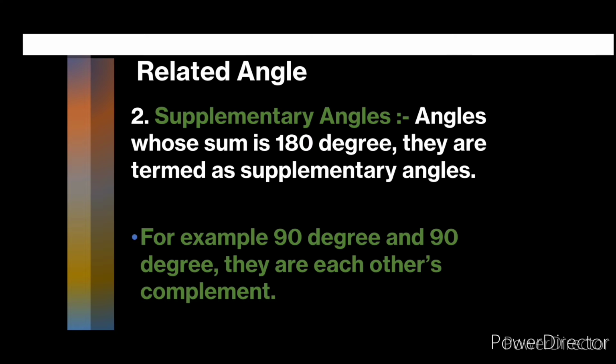For example, a 90 degree angle and a 90 degree angle, one pair of angles, their sum will be 180 degrees. So they are said to be supplementary angles. They are each other's supplement. So 90 degrees is the supplement of 90 degrees. So this is all about supplementary and complementary angles.